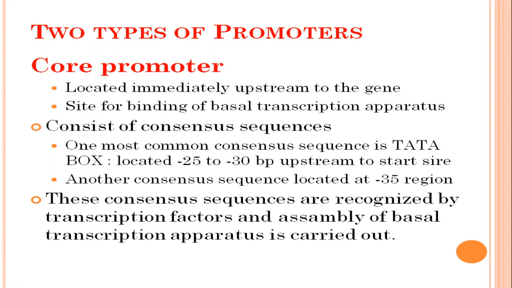This TATA box is located -25 to -30 base pairs upstream of the start site. There is another consensus sequence located at the -35 region. These are the two consensus sequences recognized by transcription factors, and basal transcription apparatus formation is carried out.